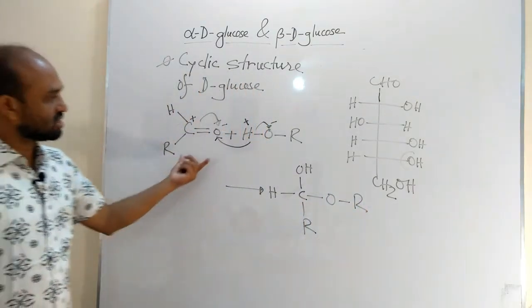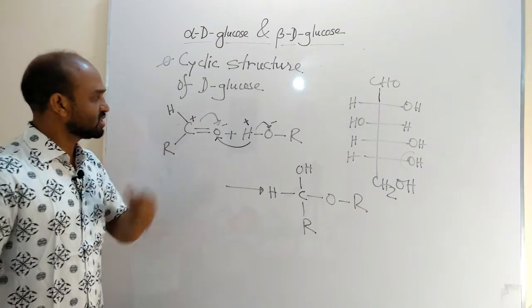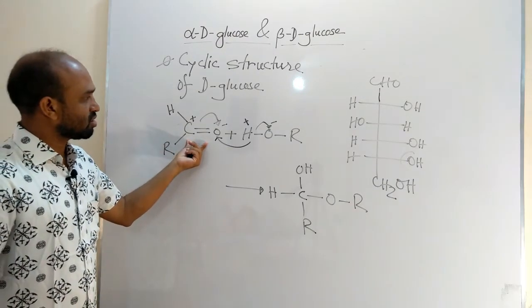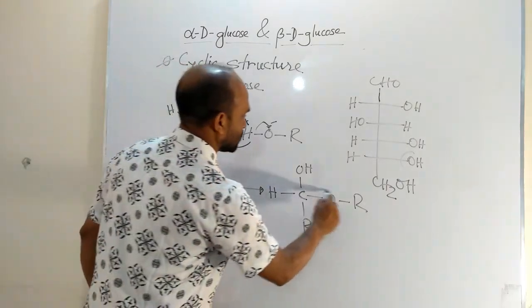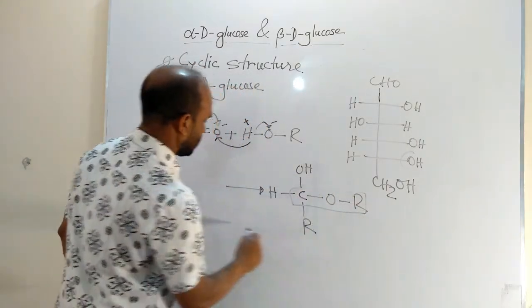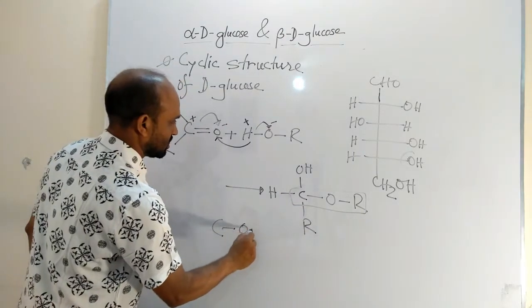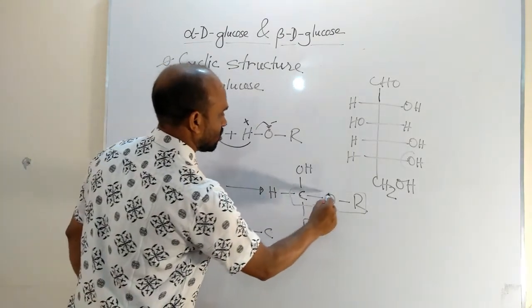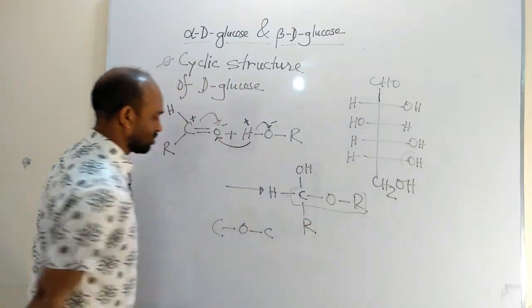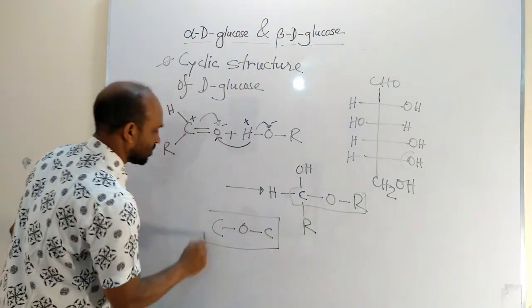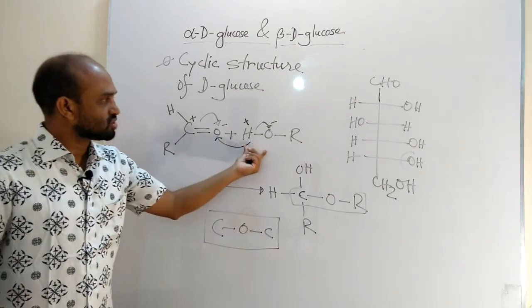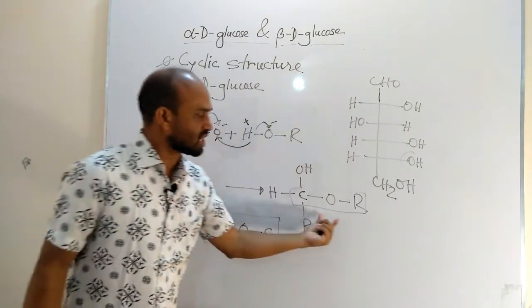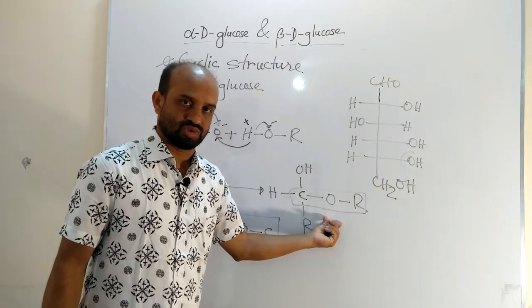So from the reaction between a carbonyl compound and alcohol, we see that a new bond is formed, that is carbon, oxygen and carbon, the alkyl group carbon. When a carbonyl compound reacts with alcohol, then this type of compound is produced.